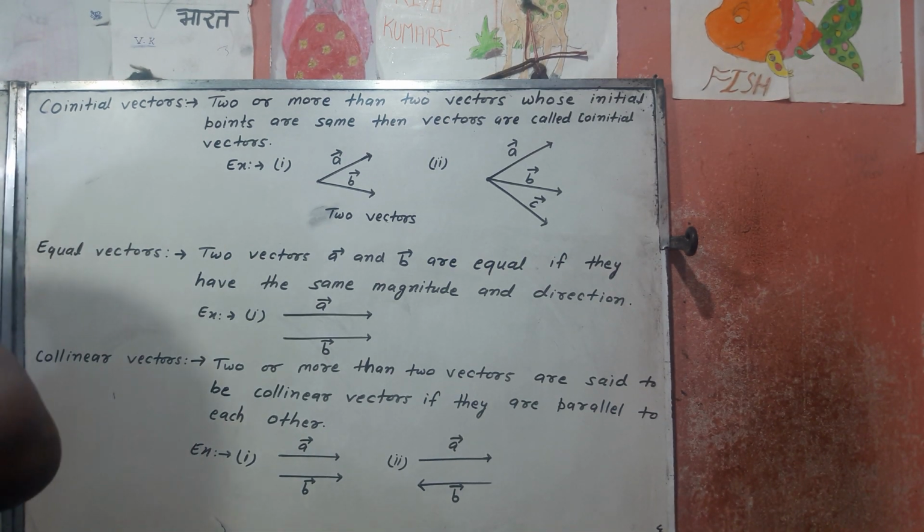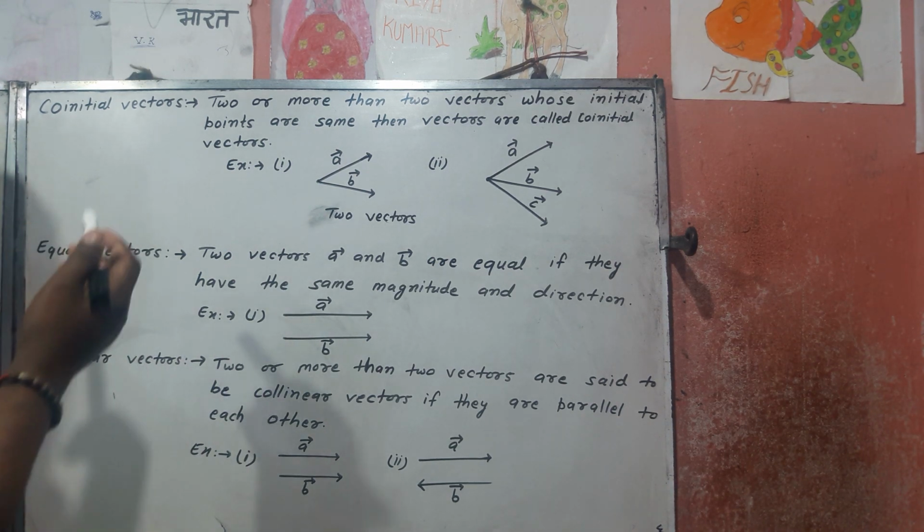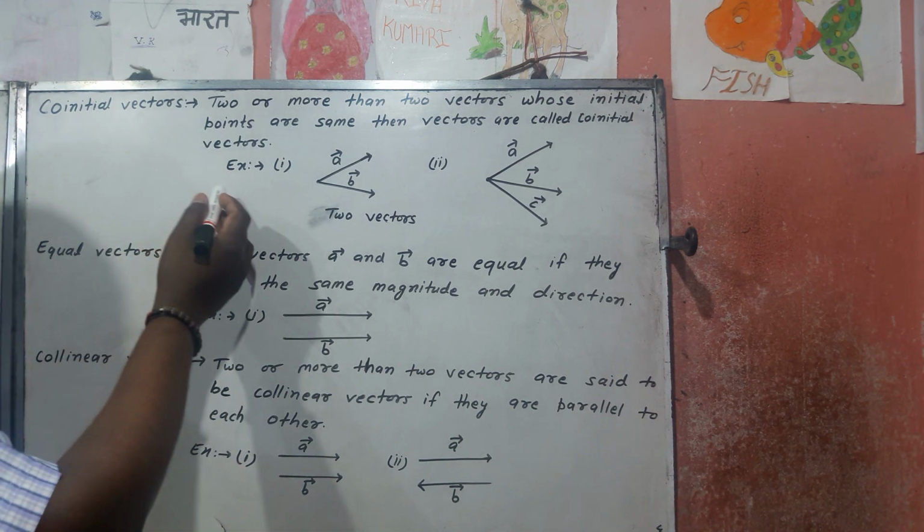We can also write as two or more than two vectors which have same initial point, then vectors are called co-initial vectors. Example 1.